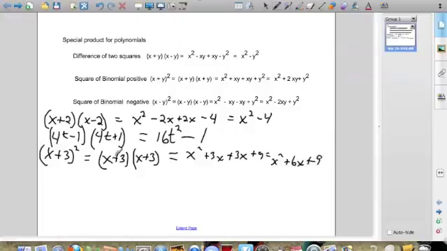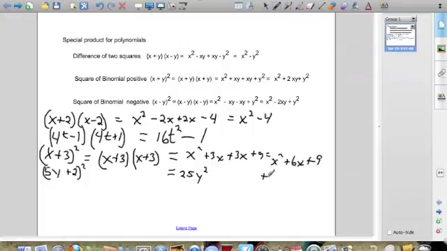Now let's look at the shortcut. If I had something like 5y plus 2, and again, we're going to look at that being squared. Now I'm going to do the shortcut method here to show you how I can get to the final answer. Basically the first one squared, so we get 25y squared. The last one squared will be the last part of my trinomial.